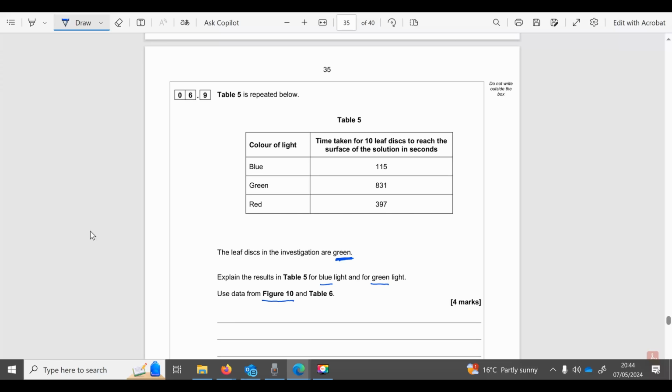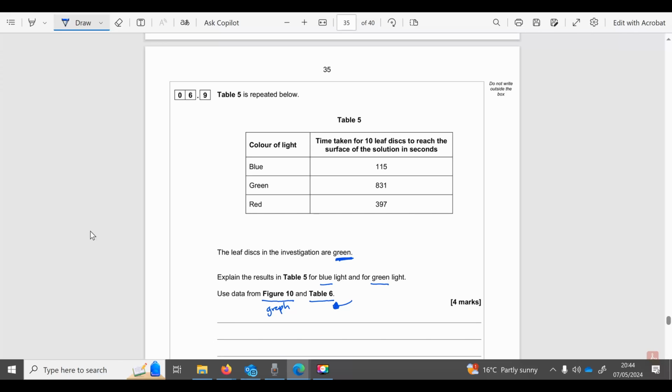Use data from figure 10 and table 6. So we're going to go through table 6 now, and then we can analyze the result there. But then we've also got to go back to figure 10, which was the graph. We've got to analyze that a little bit more carefully now, so we can come up with an answer which is worth 4 marks.